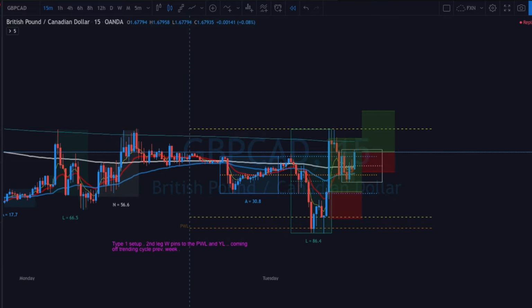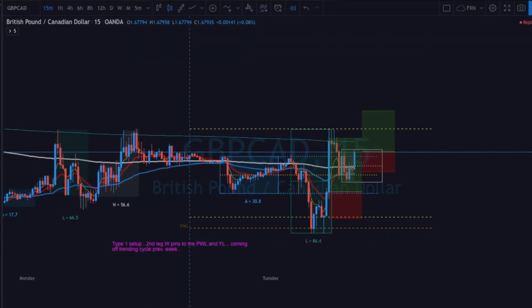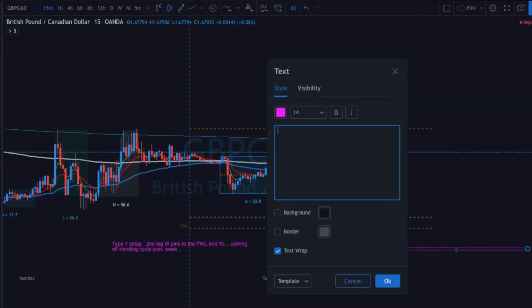Okay, so now let's go ahead and play this out and see if we're right and see if we're wrong. And remember, you can add another text box here and put US setup or US session, continuation trade setup, and put whatever other details you want.